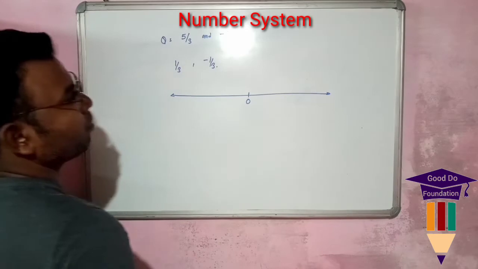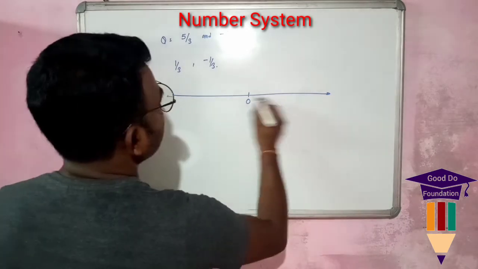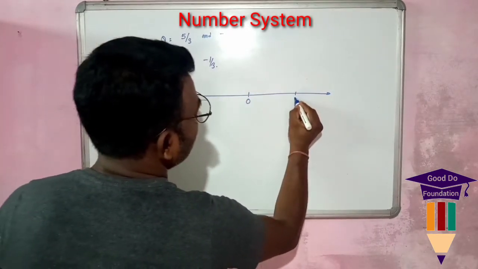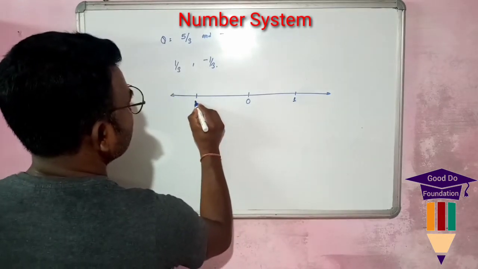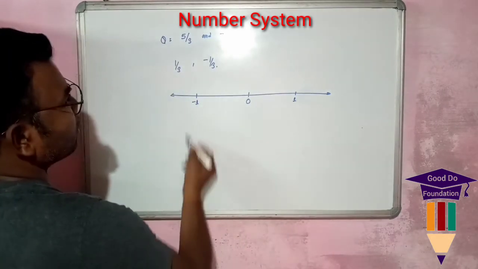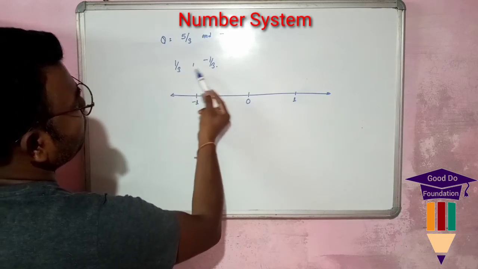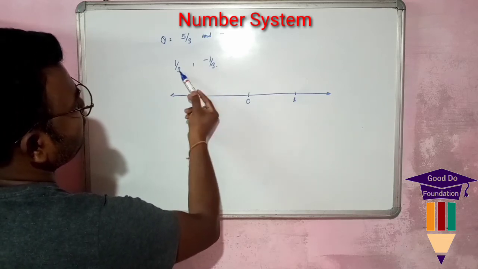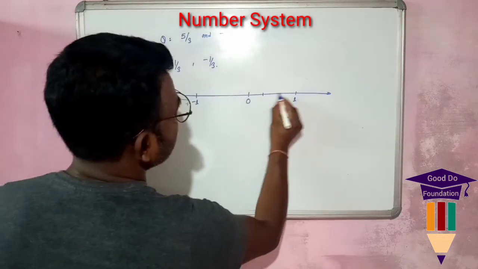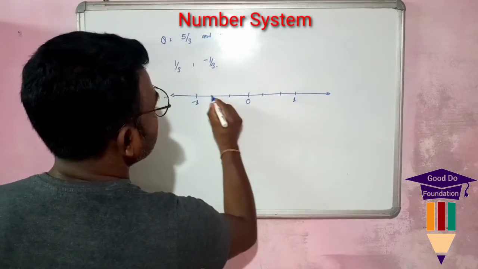See, when I find 1/3 and -1/3 on the number line, first I am marking the 0 position and 1 position and -1 position. Then I am going to divide into 3 parts. Since the denominator is 3, I am going to divide into 3 parts.